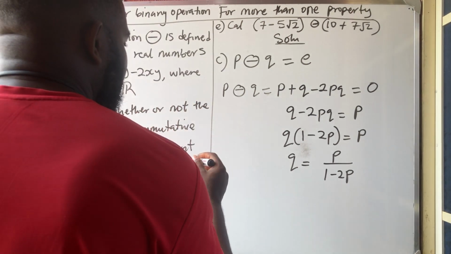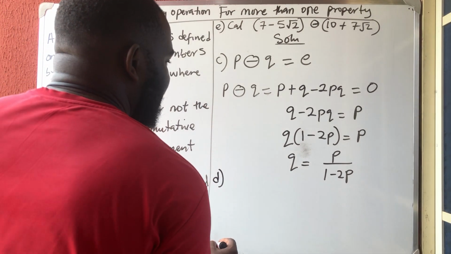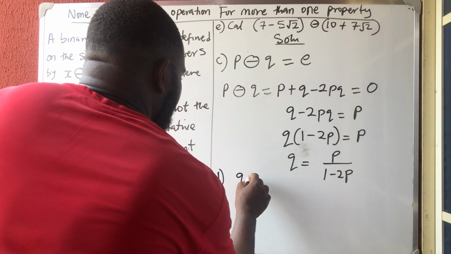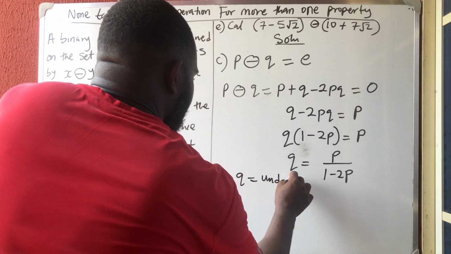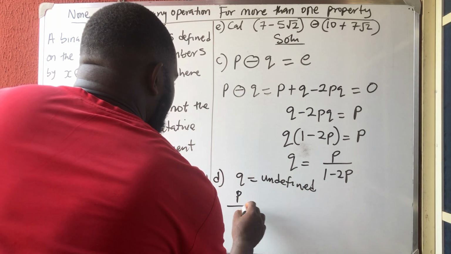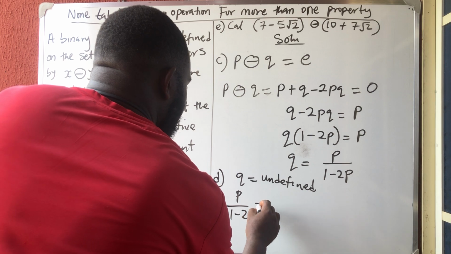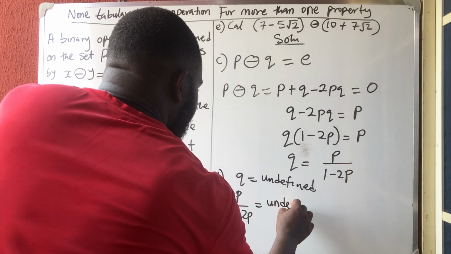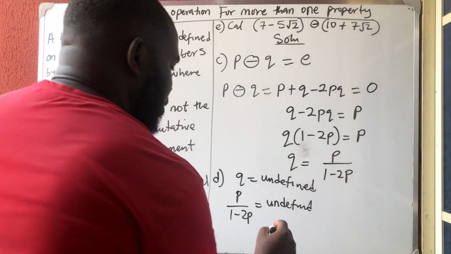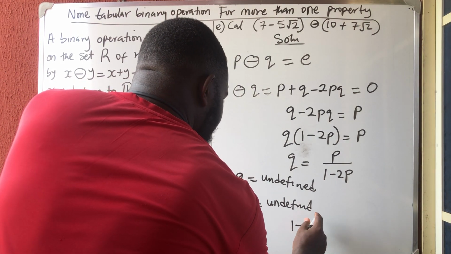So for it not to have an inverse, we have that Q must be undefined. And we have gotten Q to be P over 1 minus 2P is equal to undefined. What will make something undefined is when the denominator is 0. So we have 1 minus 2P is 0.